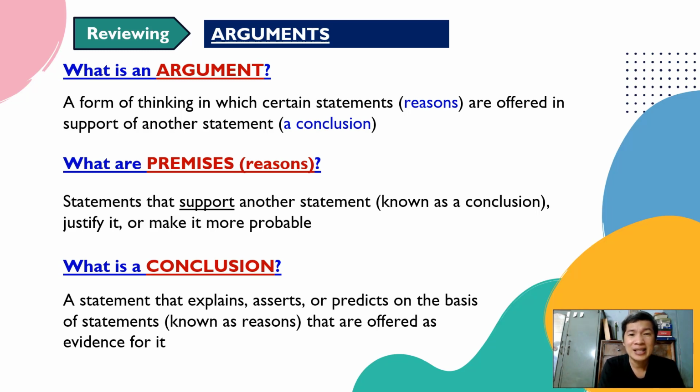A statement that explains, asserts, or predicts on the basis of the statements, on the basis of the reasons. So just remember, that's the conclusion, and we have the conclusion based on the premises.